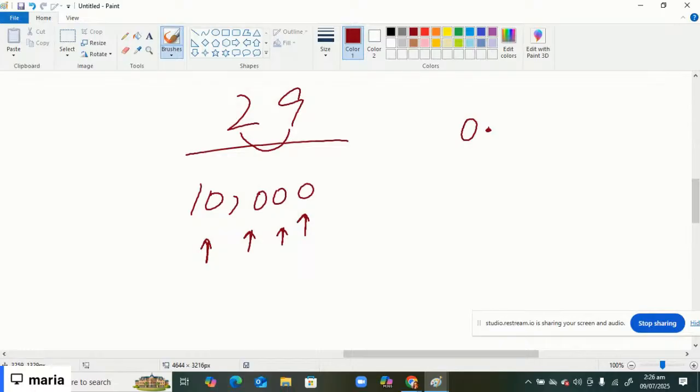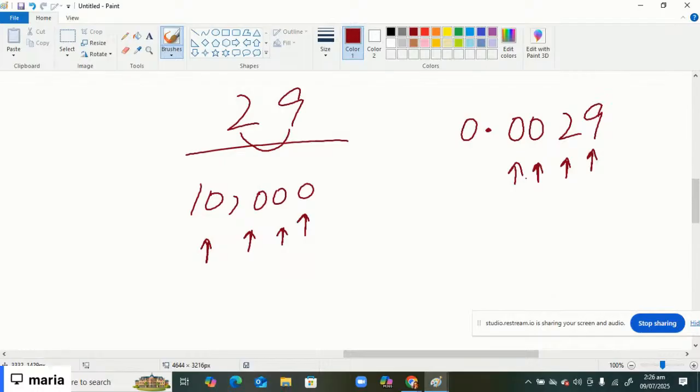So for that reason, we are going to divide that digit. So how can we get the answer of that? We are going to add two zeros with it, and then the remaining we are going to put 29 as it is. Now let's count 1, 2, 3, and 4. 4 are complete.